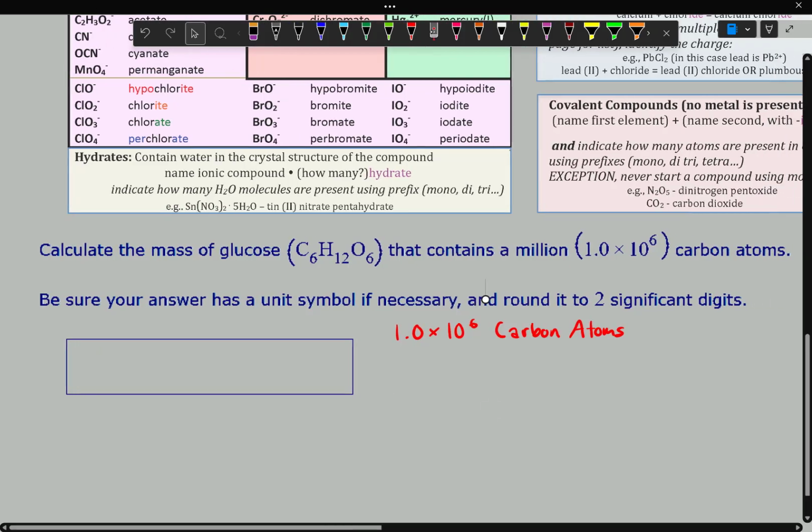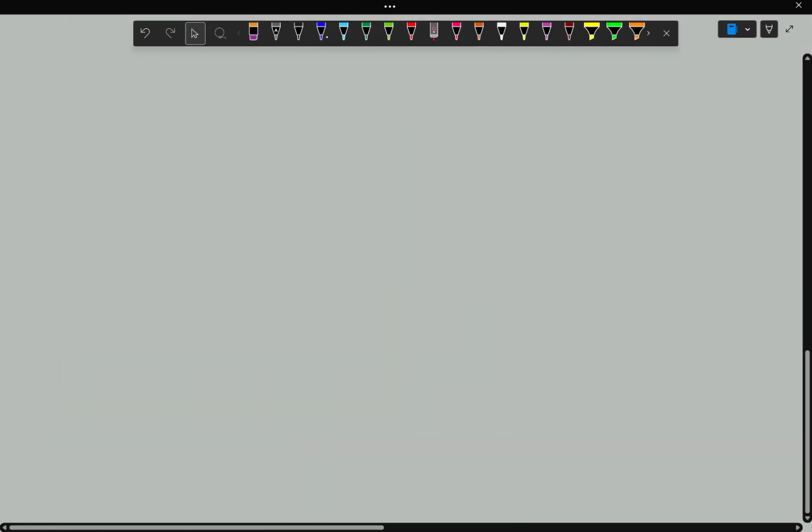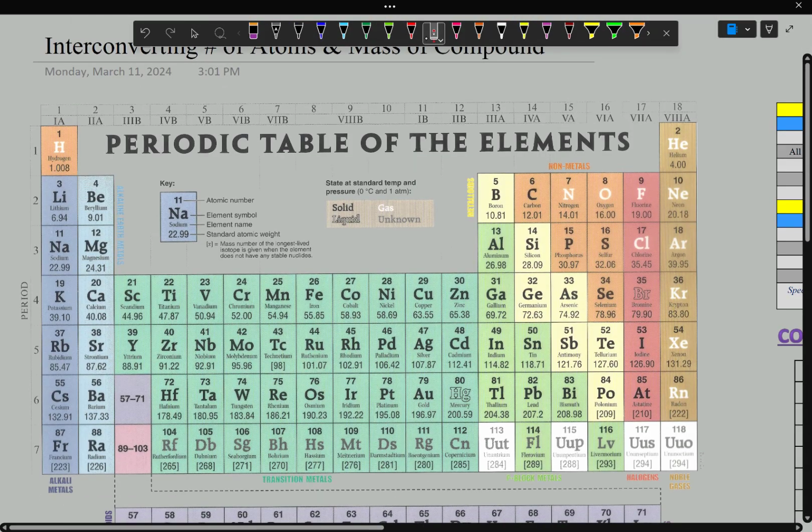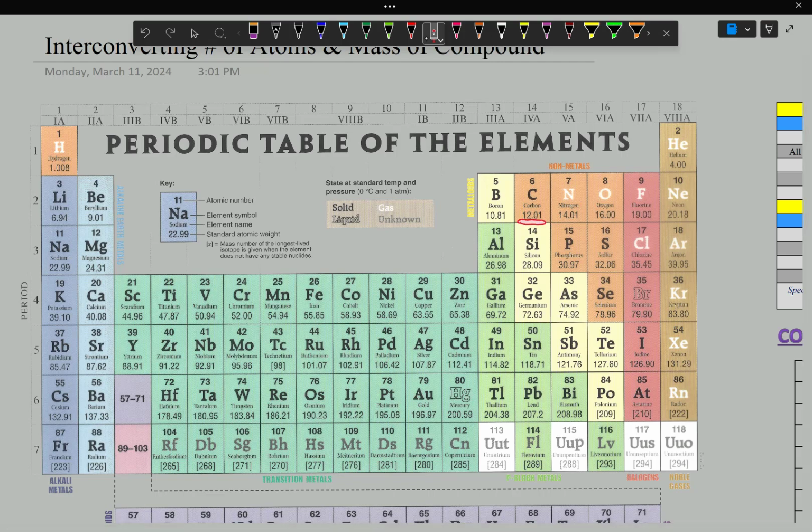So, we know from the periodic table that carbon has a molar mass of 12, and we have 6 of them. Hydrogen has a molar mass of 1.008, and in our compound we have 12 of them.